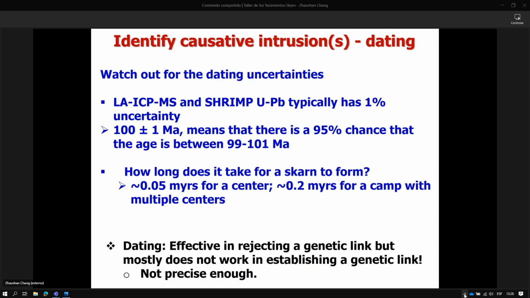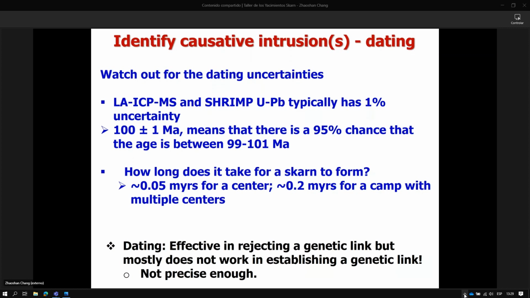Consider this: the dating method is very good at rejecting. If one is 100 plus minus 1 and the other is 110 plus minus 1, they're obviously different, so you can conclude they are not related. But if you have 100 plus minus 1 and 101 plus minus 1, you cannot say they are related.